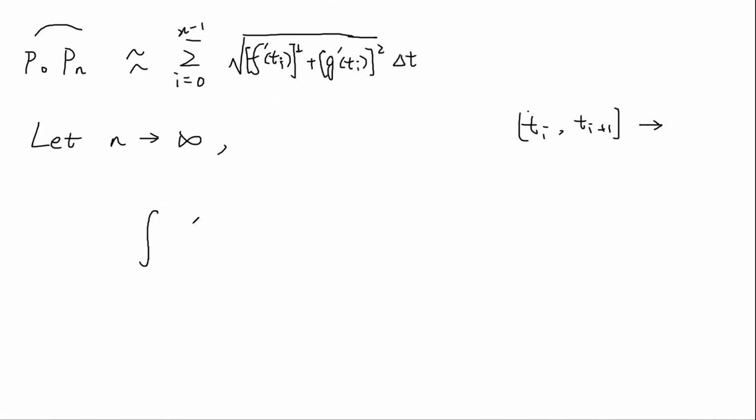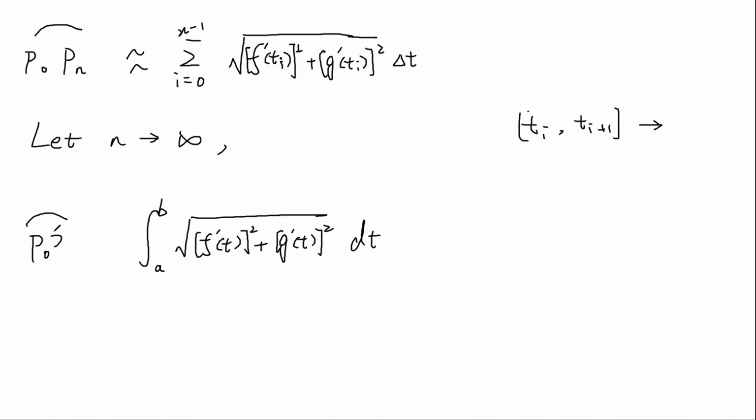The t_i, you will replace with t, f prime t squared plus g prime t squared. And then delta t becomes dt. And the bounds are given by the bounds of t. So let's assume the lower bound for t is equal to a, and the upper bound for t is equal to b.